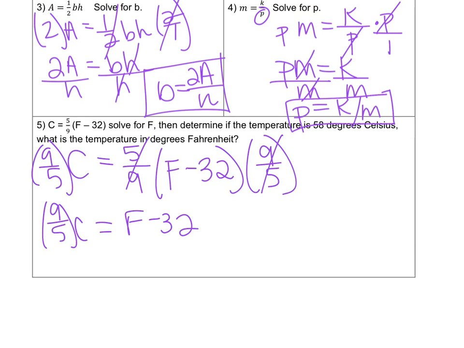We're wanting to get the equation to equal F, so then I would add 32 to each side. So we would end up with Fahrenheit equals 9/5 C plus 32.